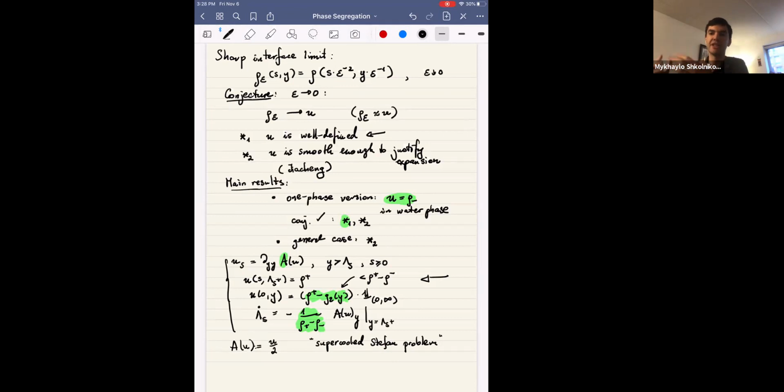The second half of the paper makes sense of the formal asymptotic expansion of Giacomin and Lebowitz, and justifies that what they're doing can be made rigorous, so all the functions appearing there live in the right spaces and combine to a nice smooth solution. Therefore this completes the proof and gives us the full conjecture, at least in this one-phase case.